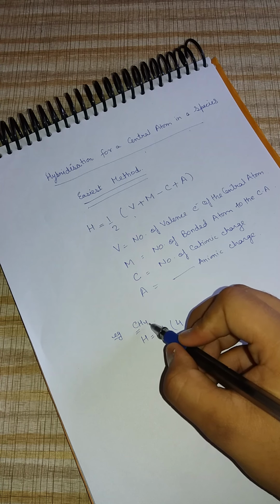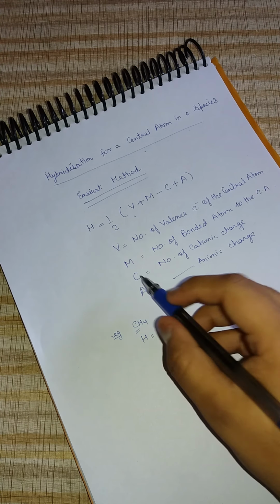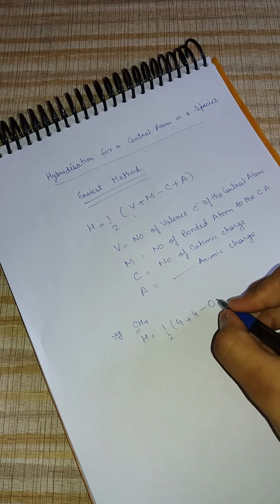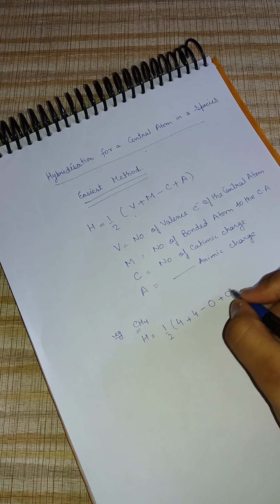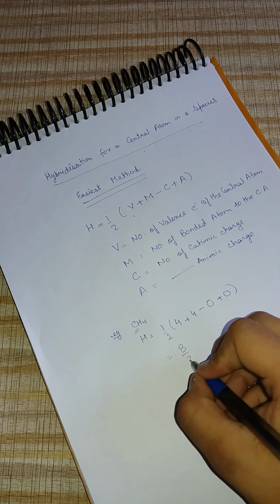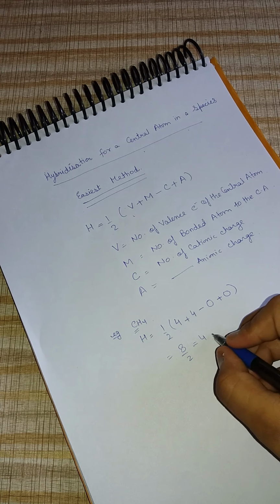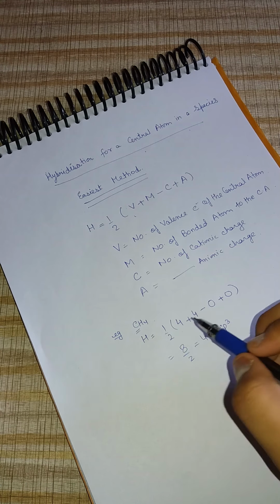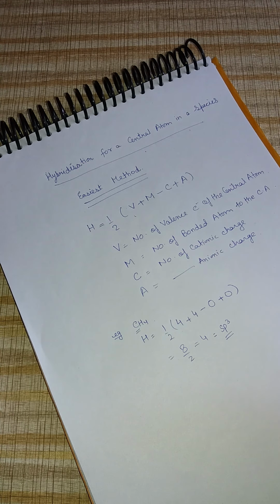It is bonded by 4 hydrogen atoms, so the value of M will be 4. There is no net charge, neither cation nor anion, so it will be 0. So 8 by 2, which is 4, and for 4 it is sp3. So the hybridization of carbon in methane is sp3.